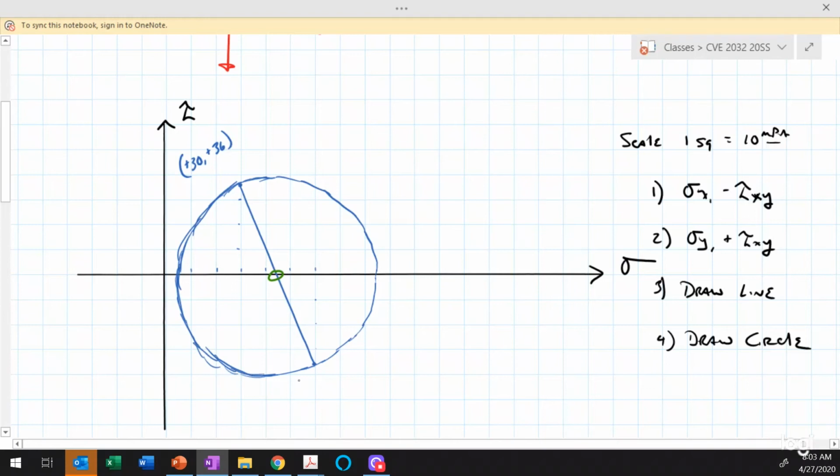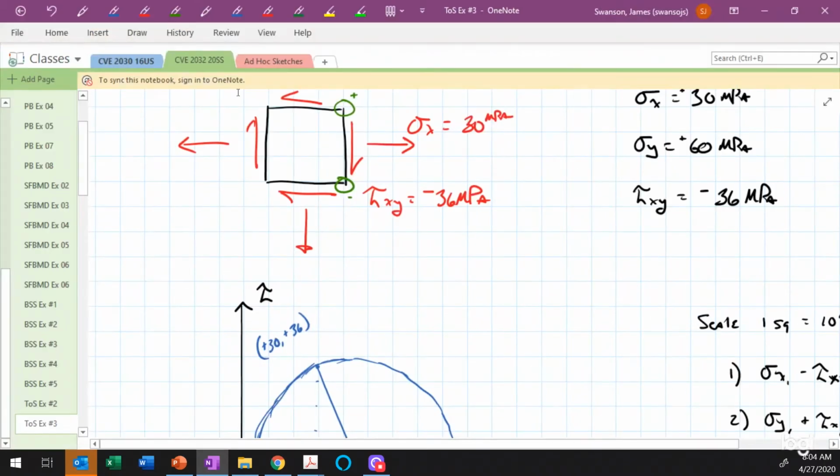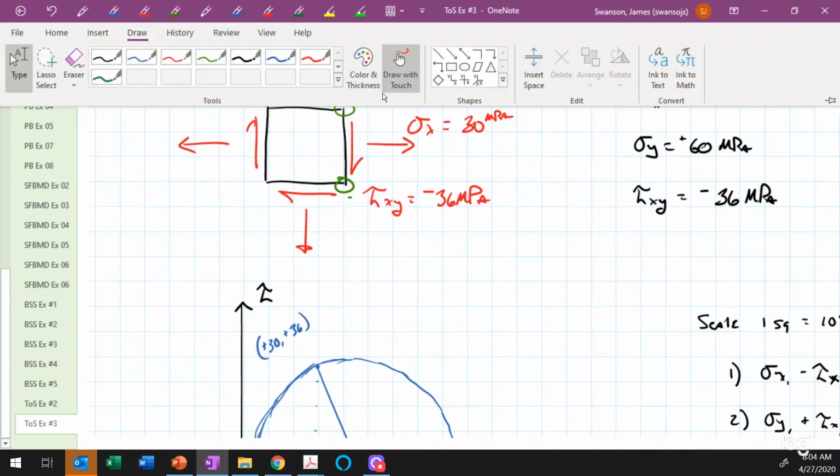So that is my circle, and I suppose I could cheat a little bit. Let's see, if I go up here to the top here, I could draw in a shape.